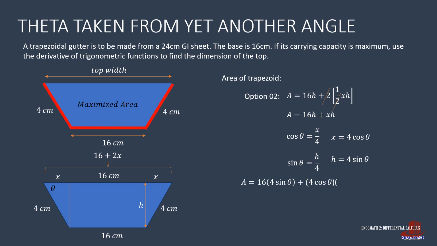Plug these conversions into the area and come up with A as equal to 16 times 4 sine of theta plus 4 cosine theta with 4 sine of theta, which is simplified as 64 sine theta plus 16 sine theta times cosine of theta. This is the same function we came out with in the previous cases.